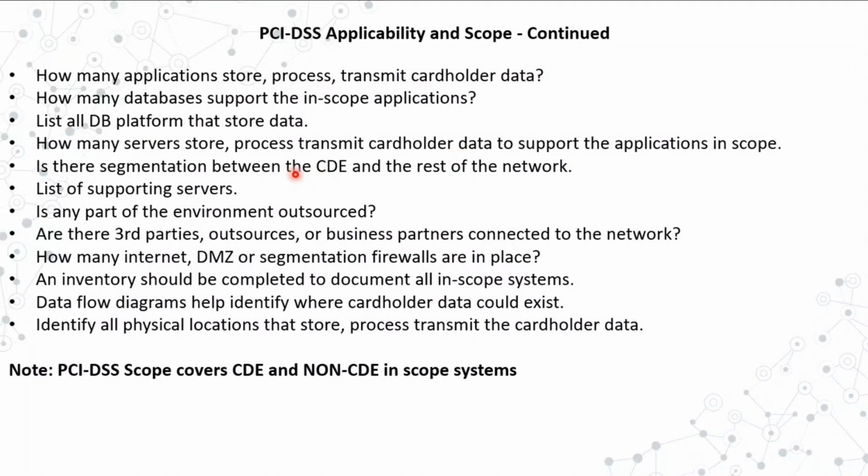Is there any segmentation? Now, what is this? Is there any segmentation? That's a VLAN? Exactly, network level segmentation, right? Else, let's say we have one VLAN and we are saying that production is from 192.168.1.1 and my UAT is like 1.10, right?